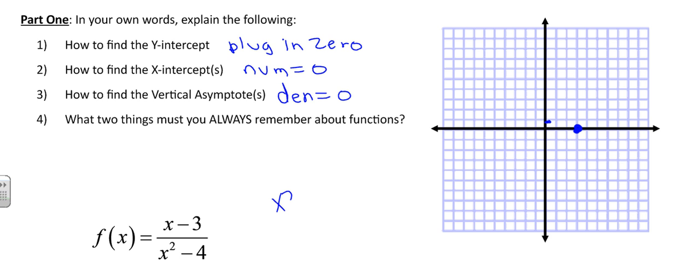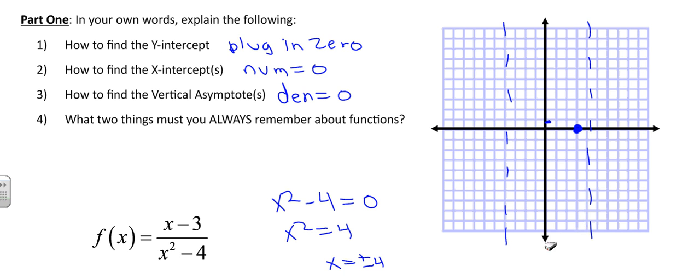Okay, so if I say x squared minus 4 equals 0, I could say x squared equals 4, and x equals plus or minus 2. So my asymptotes are going to be lines, so x equals positive and negative 2. So I have right here, this line is not being drawn very straight, but that's okay. Not perfect here. Okay, so that's what I have so far.